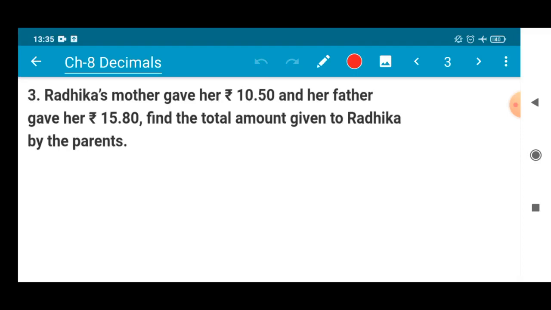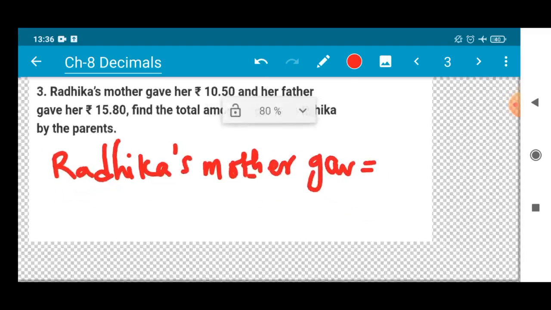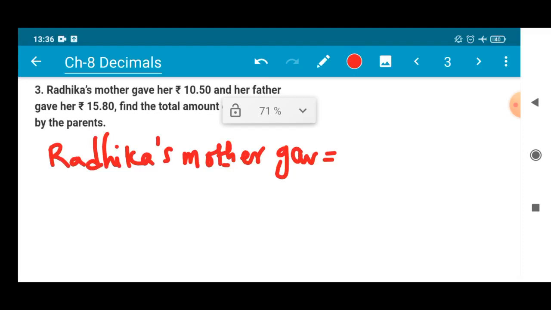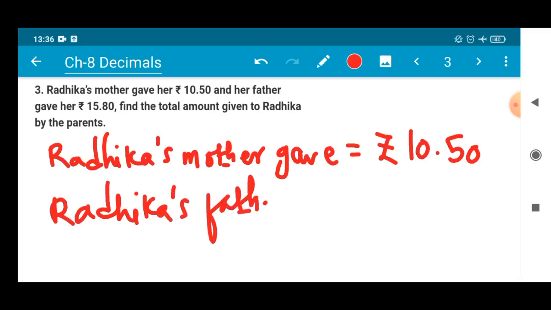So let us write the first one, that is Radhika's mother gave is equal to rupees 10.50, right? Similarly, Radhika's father gave rupees how much?